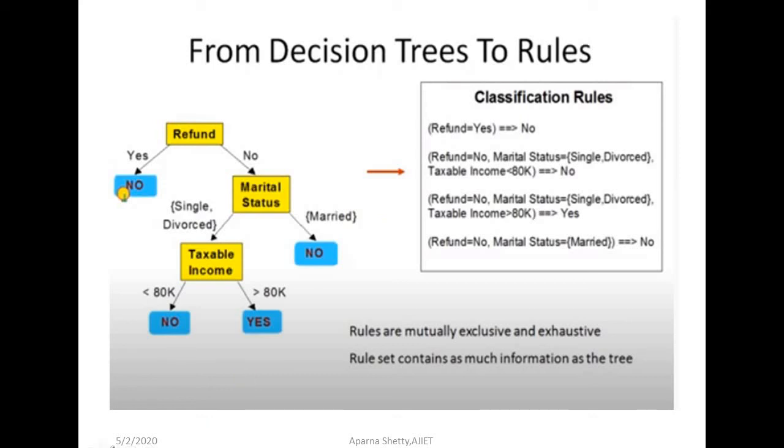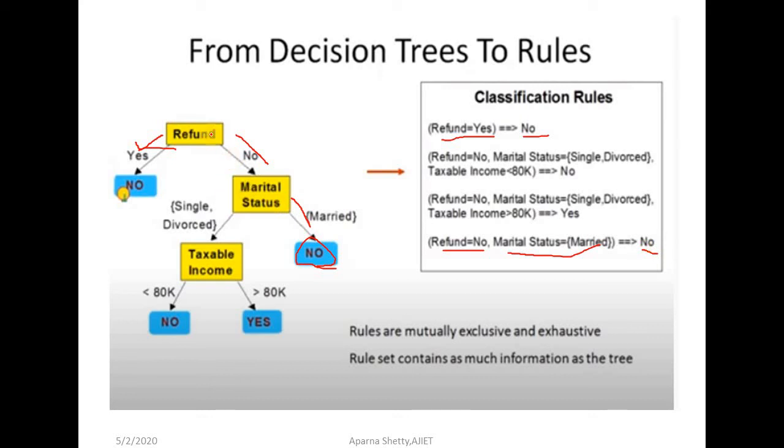Here, refund is equal to yes means class is no, so you will have a rule: refund is yes implies class is no. Next, refund is no and marital status is married, class is no. So you have this rule: refund is no, marital status is married, class is no.